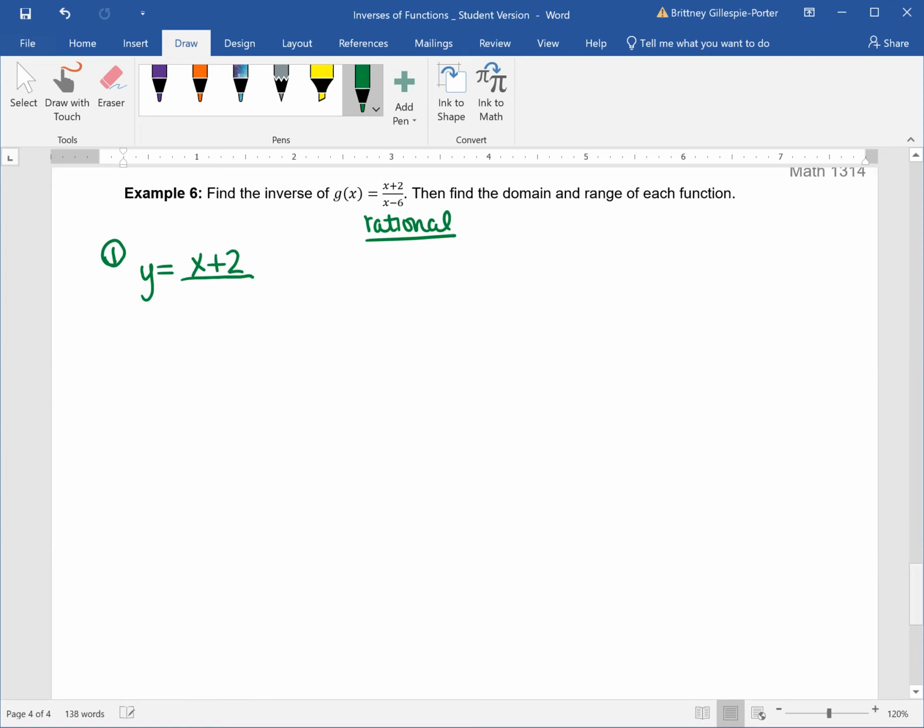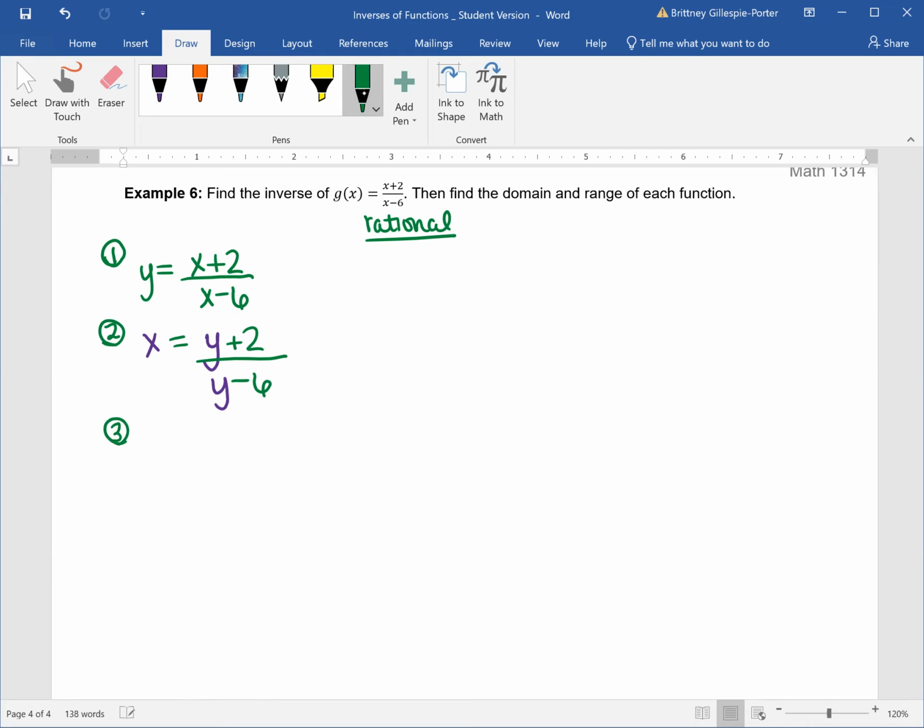So y is equal to x plus 2 over x minus 6. Step 2 says that we flip the x and y. So x is equal to y plus 2 all over y minus 6.